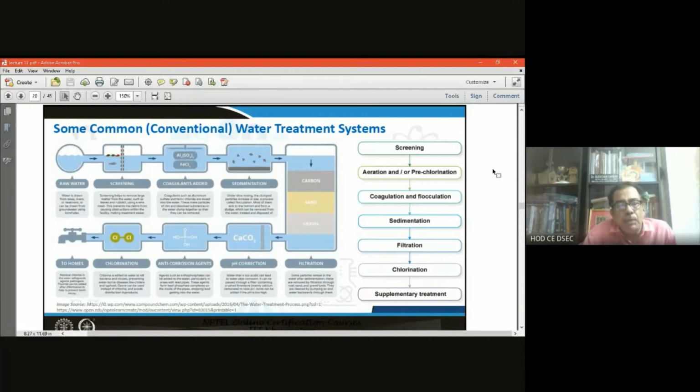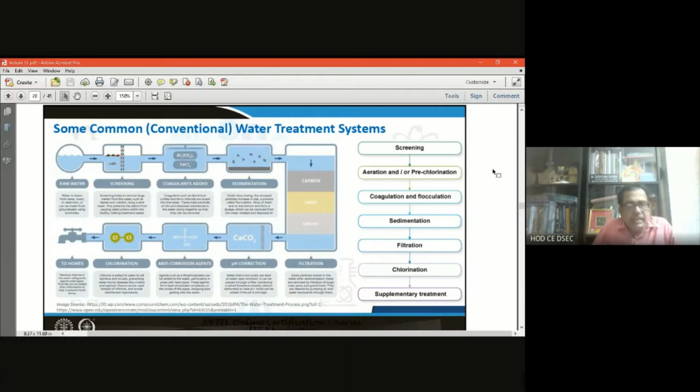This is very important for drinking water treatment, because the water contains finely suspended matter which cannot be easily settled by gravity. For that, we add chemicals called coagulants. Examples of coagulants are aluminum sulfate, Al2(SO4)3, and ferric chloride, FeCl3. These are the classic examples of coagulants.